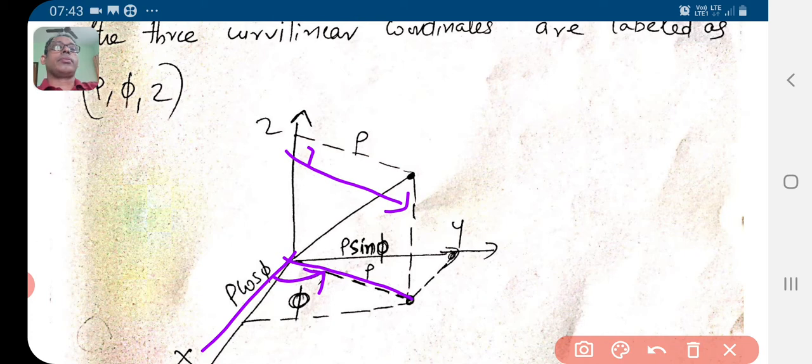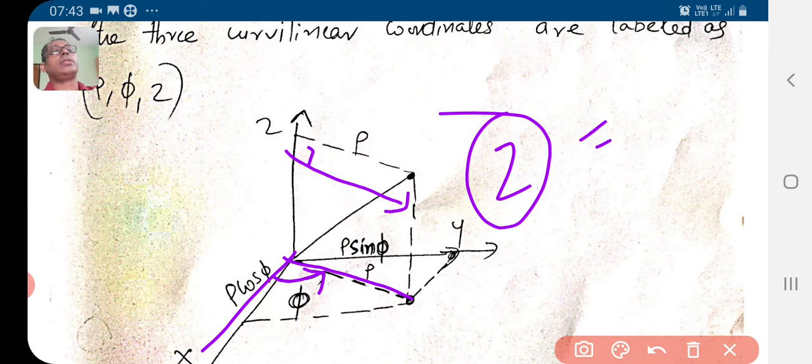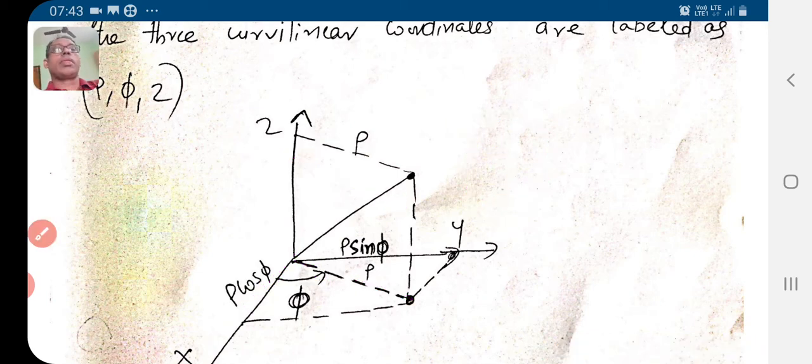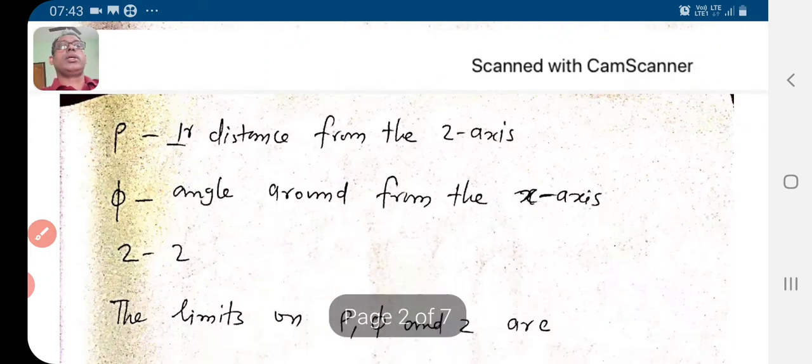So the angle around from the x-axis, and z is the same as the z of the Cartesian coordinate system. So these are the three variables we use here. So what are the surfaces?